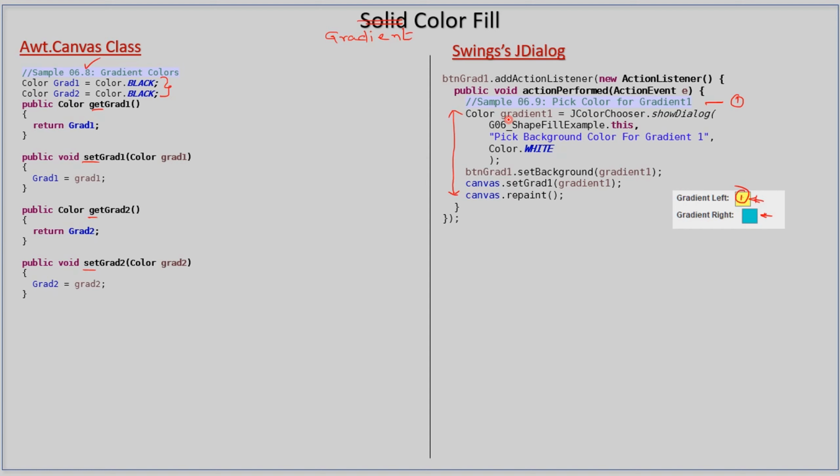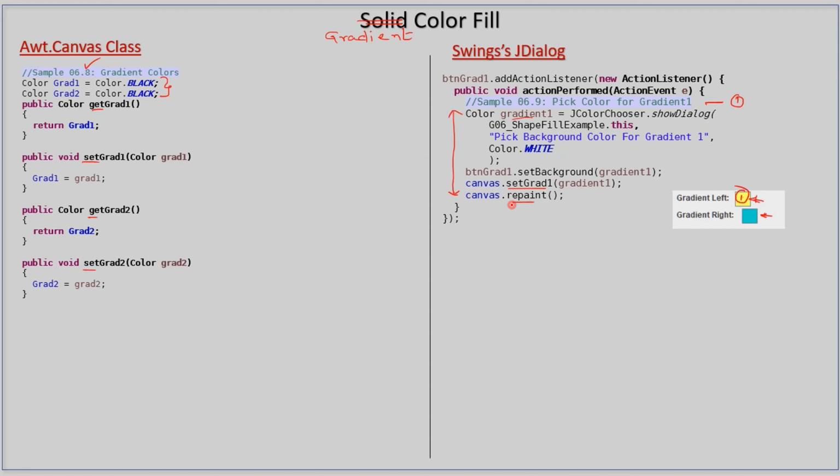Once the user picks the color, the picked color is returned, and we set that here as gradient 1. Then we make a call to set gradient on our canvas. So it will set this internal member and override the black color with whatever the user picked. So in this example, if the user picked yellow, gradient 1 now holds the yellow color.